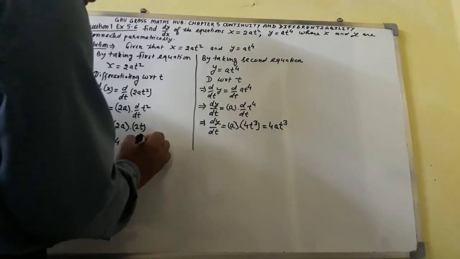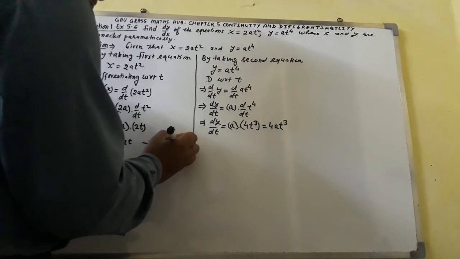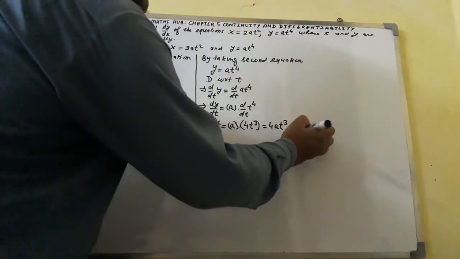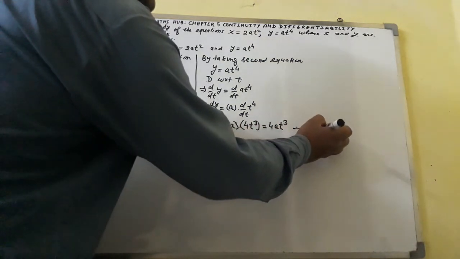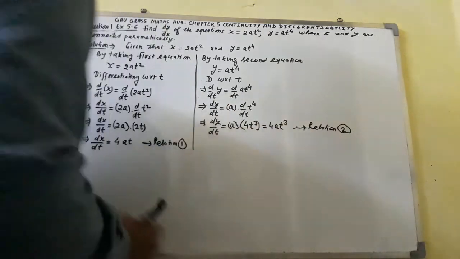Now this will be the relation number 1, and this will be the relation number 2.